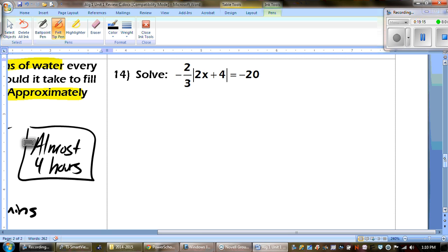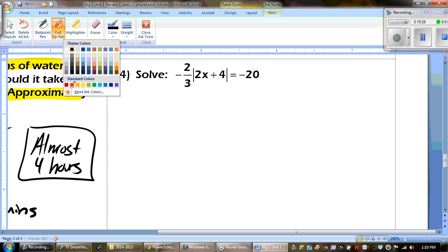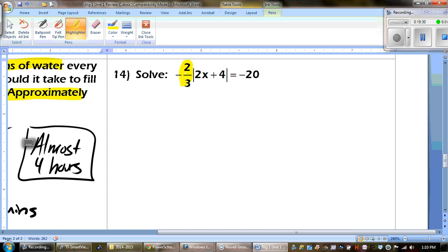All right. Number 14. Now, for number 14, you just can't be like, oh, look, it's an absolute value and there's a negative, so that means it's no solution. Well, that would be correct, except that negative 2/3 is outside. So to get rid of the negative 2/3, I can multiply by the reciprocal.